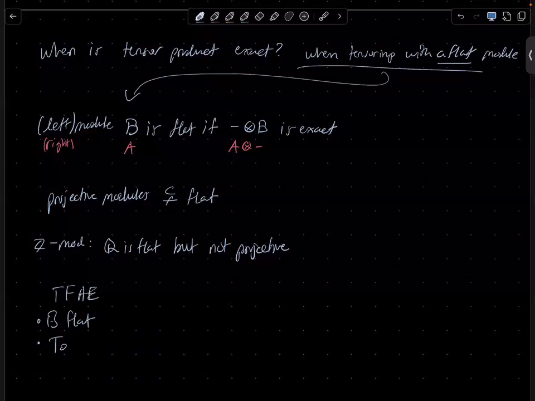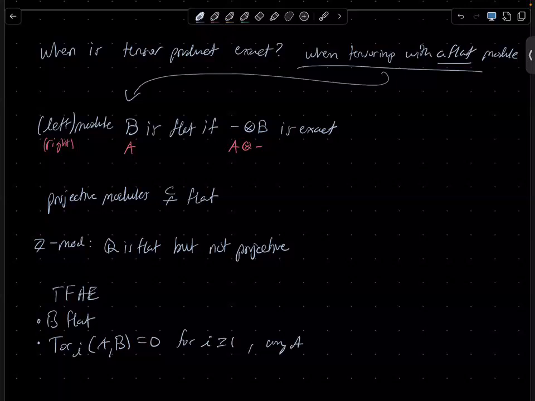This agrees with Tor_i(A, B) equal to 0 for i greater than or equal to 1 and any A. And then just the first Tor group will also work: Tor_1(A, B) equals 0 for any A. Okay.